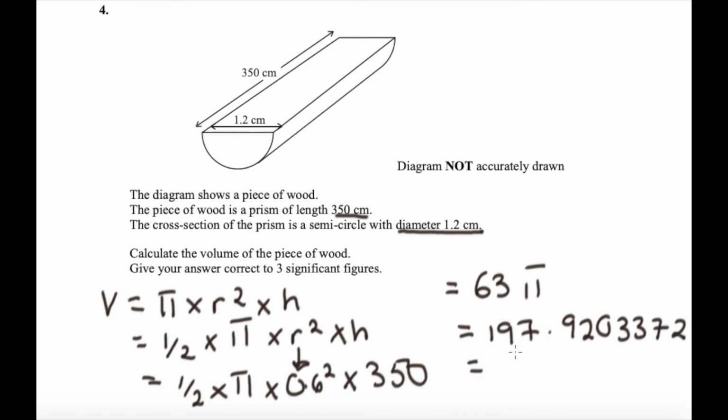Then remember, it says to 3 significant figures. So we look at the number after 7, which is 9. So 9 is more than 5. So we add a 1 to 7, which will give us 198 centimeter cubed.